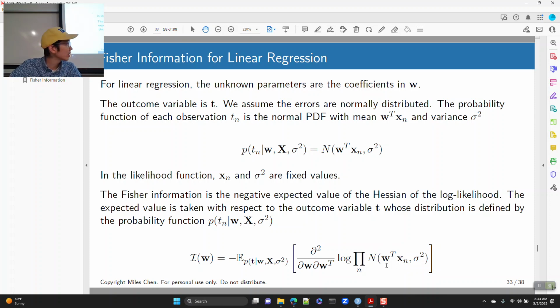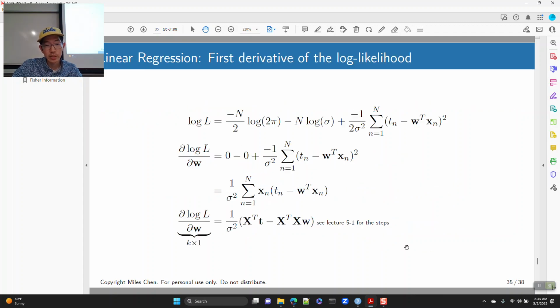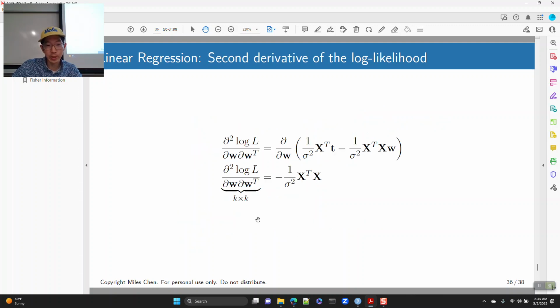So we have this big Hessian matrix of partial second derivatives with respect to the PDF of this thing. If we expand this out, this is our log likelihood. What is the first derivative of the log likelihood? We get this, and we've worked this out before. Then what is the second derivative of this thing?